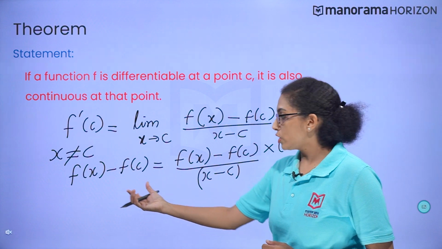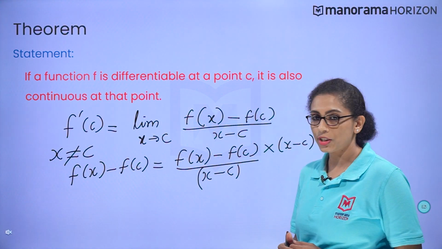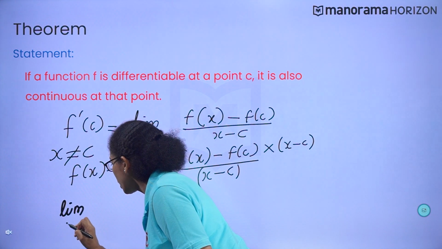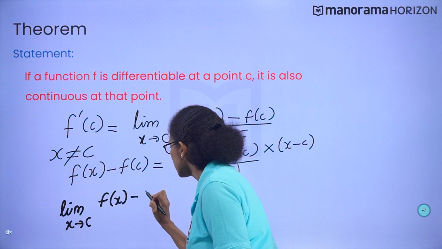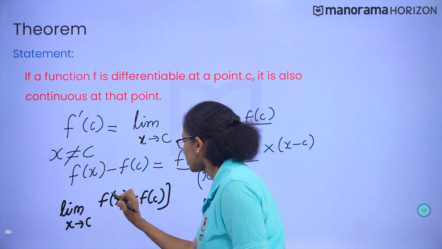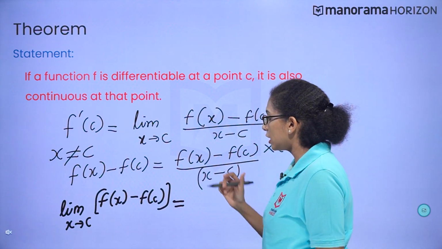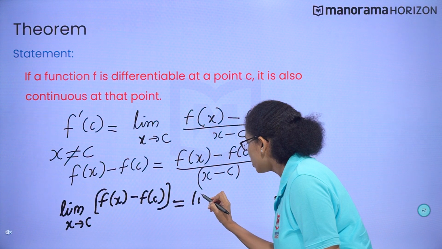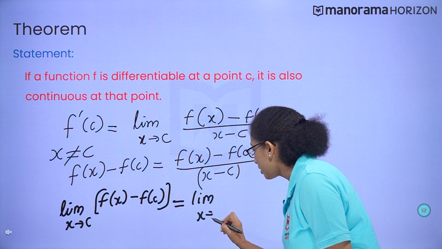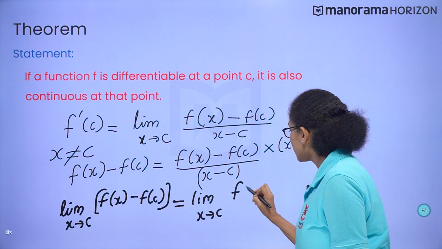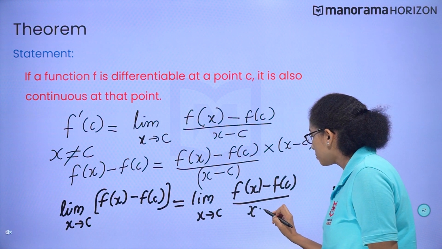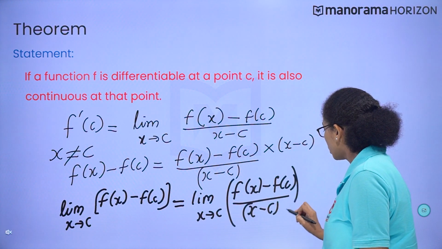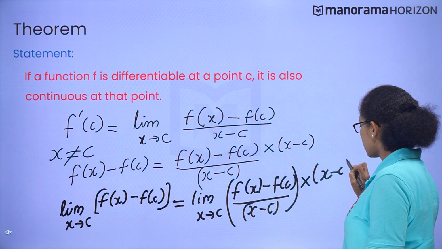Now, applying the limit on both sides, we get limit x tends to c, f of x minus f of c is equal to, applying the limit on the RHS, limit x tends to c, f of x minus f of c by x minus c, into x minus c.